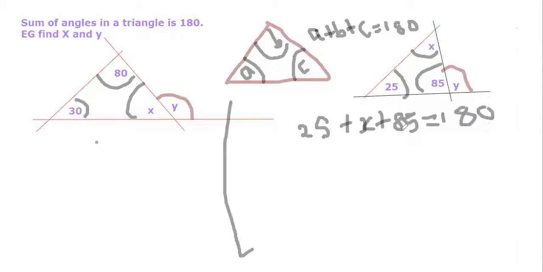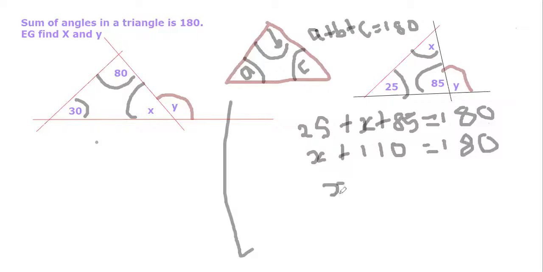So 25 plus 85 is 110. Why am I sticking to 110? I love 110 because even here it will add up to 110. I did not choose it, just by default it comes that way. So this one will be X plus 110 is equal to 180.